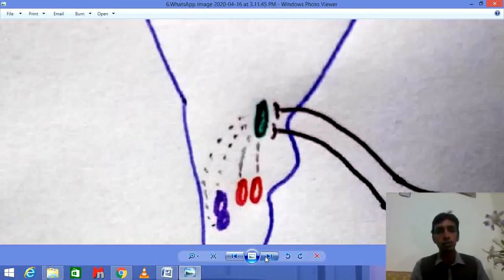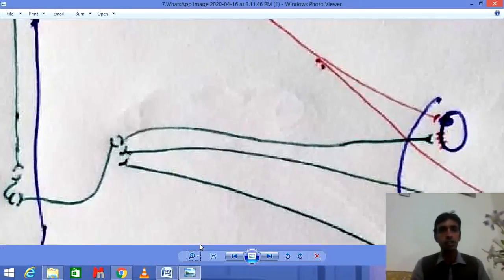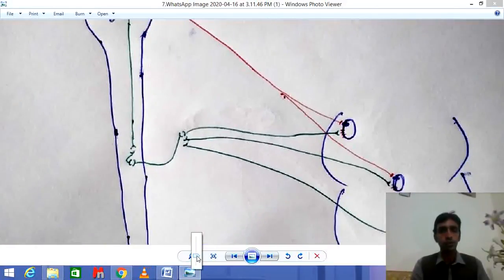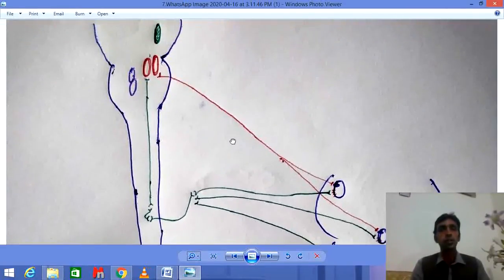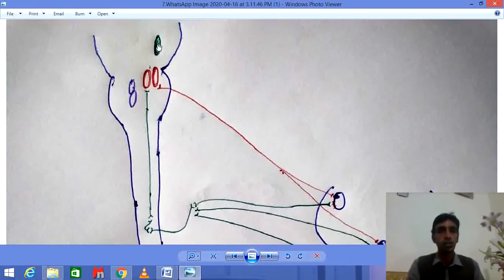Now what will happen? Coming toward the next diagram, focus on this diagram now. Your attention is required at this moment. This tractus solitarius, for example, the blood pressure is high, and this tractus solitarius transmits the information to this nucleus, the cardio-inhibitory nucleus, cardio-inhibitory center.